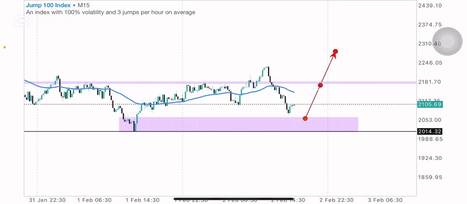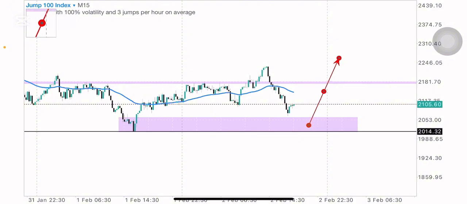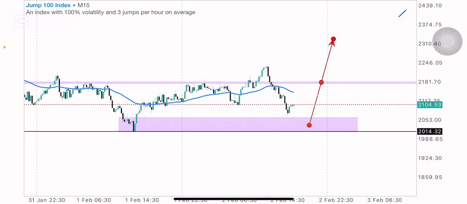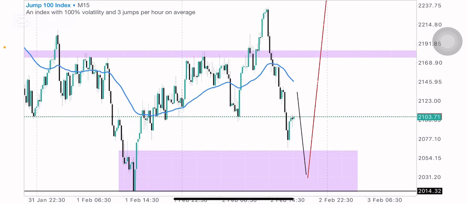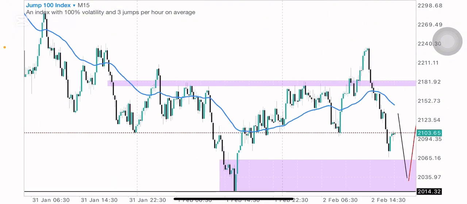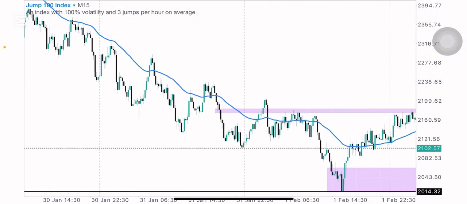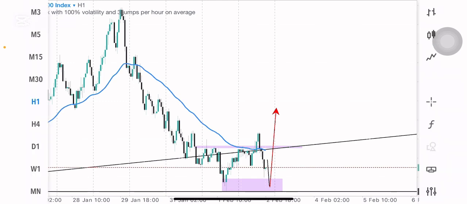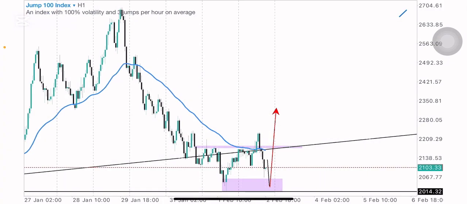So take note of this, guys. A very good buy setup right here. Price has actually broken out of our key levels, and any trend line you have here, price has also broken it.